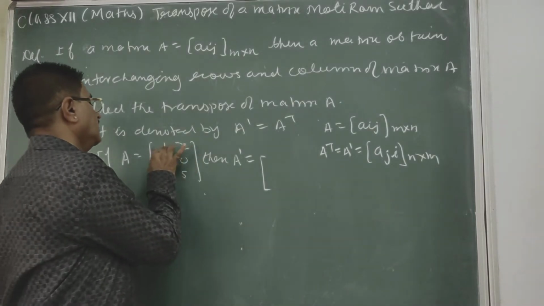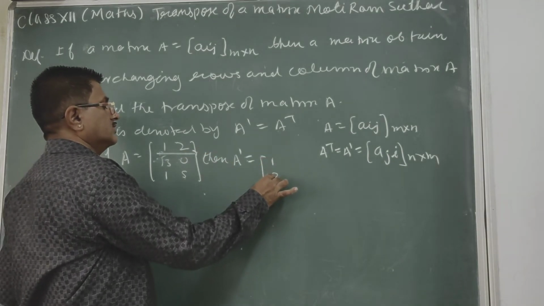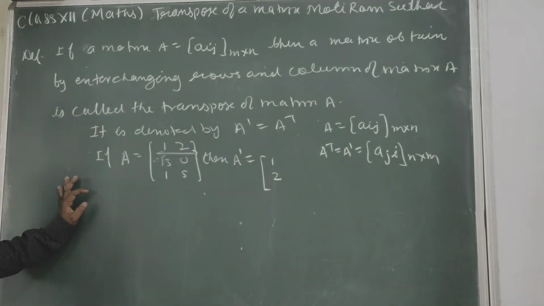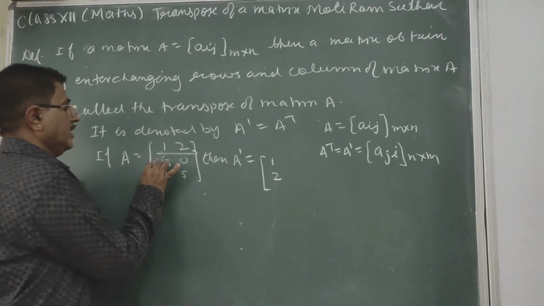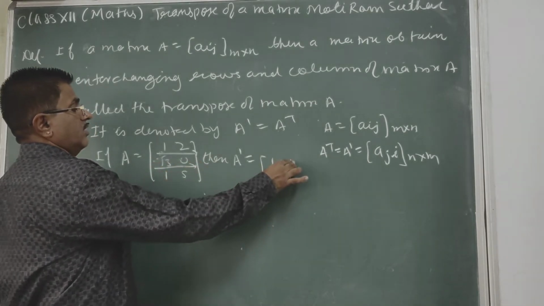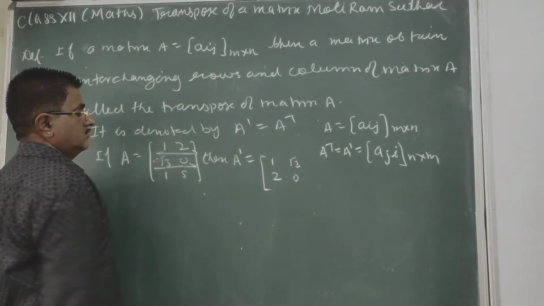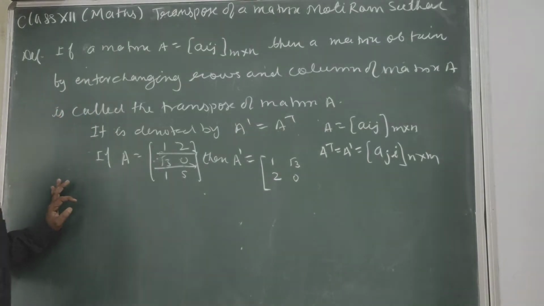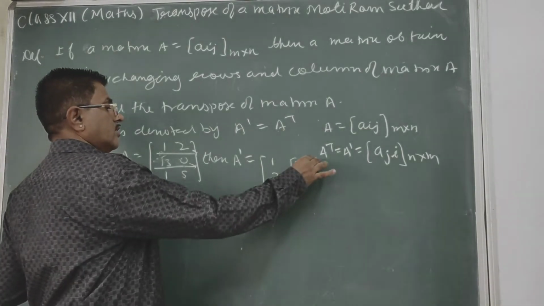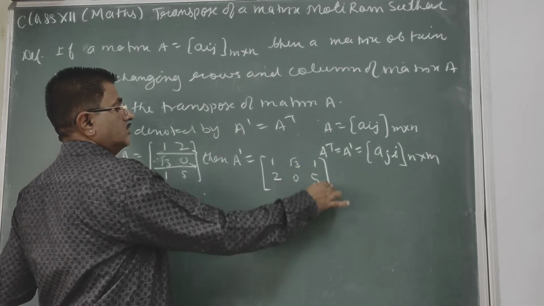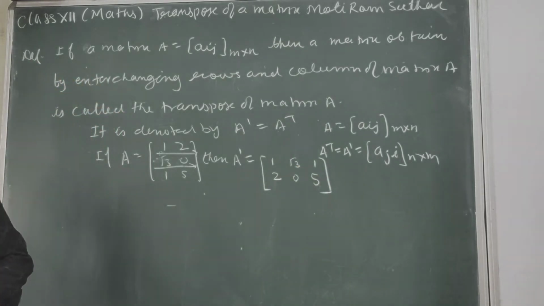So this first row converts into the first column. Clear? Second row converts into second column, that is root 3, 0. And the third row converts into a column. So this is the transpose matrix.